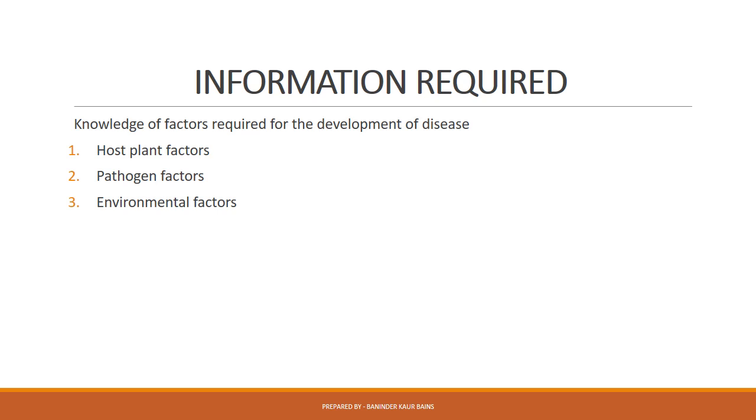Then here, the information required for a particular disease forecast. There are three factors which affect disease forecasting. If the data related to all these three factors is accurate, then we can get a good disease forecast.